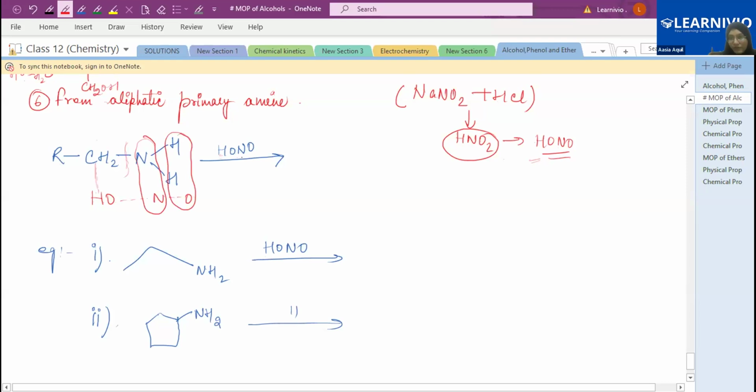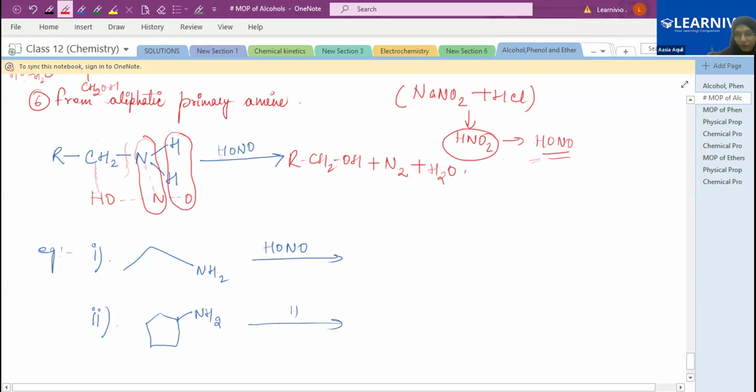So OH will combine with this carbon, and you have to break this carbon and nitrogen sigma bond, and you will get RCH2OH, alcohol, plus this N2. This N2 bond will break, giving N2 plus water, H2O. This will be your product.